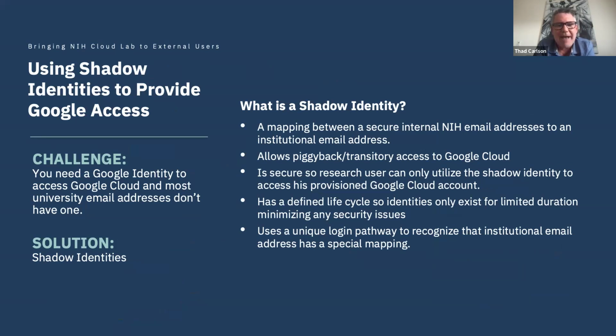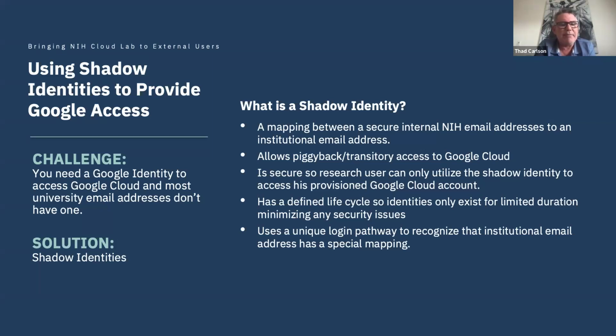So we created this mapping, but also the secondary challenge is people log into NIH with that Joe at johnhopkins.edu, comes into NIH, and they may have other applications that they use. So if we automatically map that shadow identity, it would screw up basically their ability to access all the other applications within NIH.